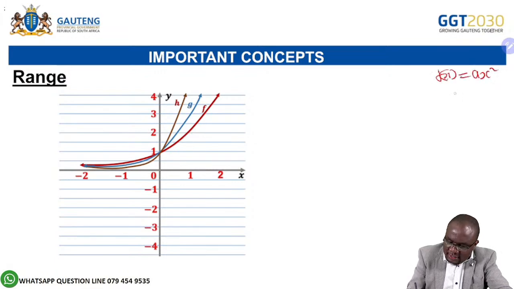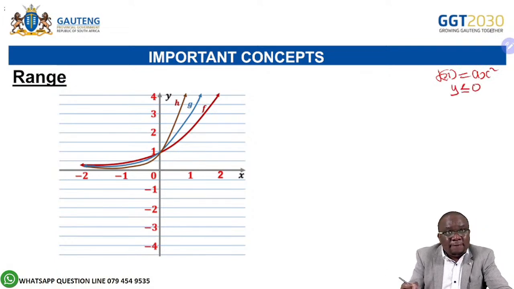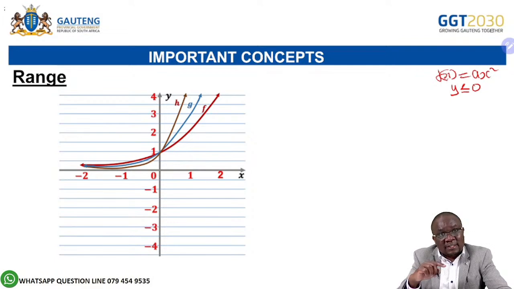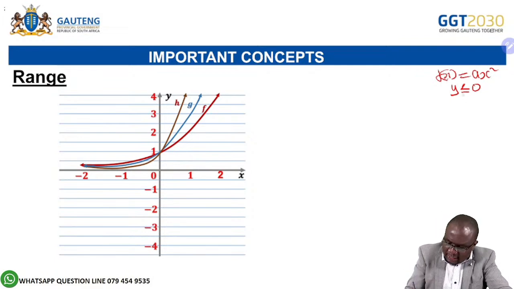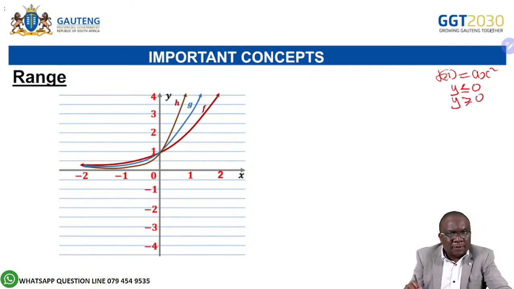The range was y less than or equal to 0 if a is less than 0, if the graph is concave down. But if the graph is concave up, y is greater than or equal to 0. You see that? 0 is included.